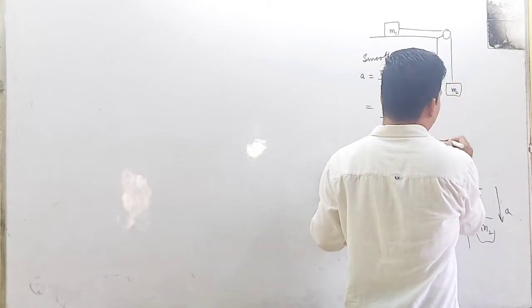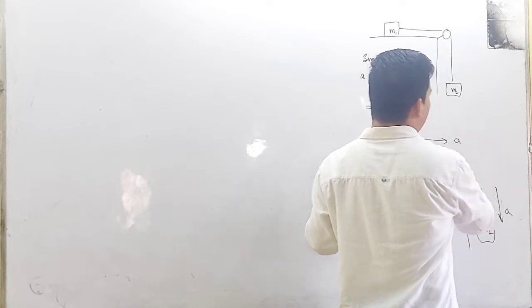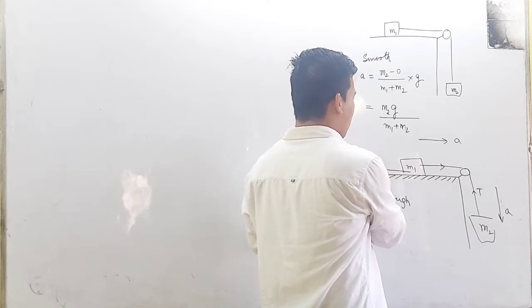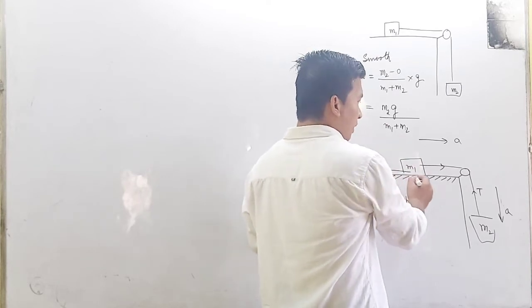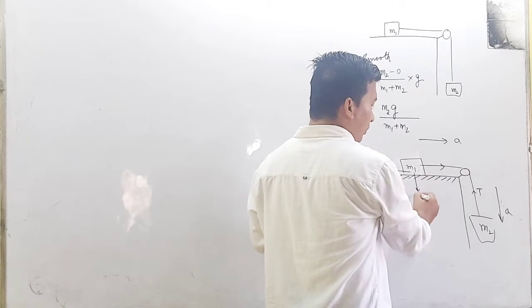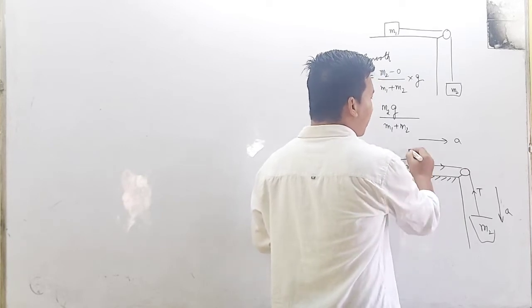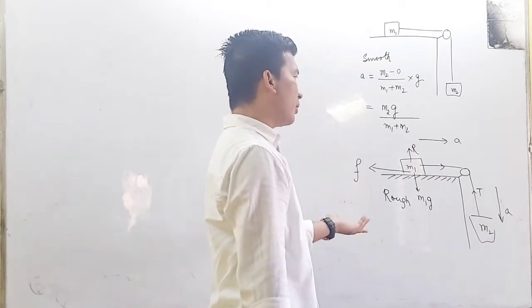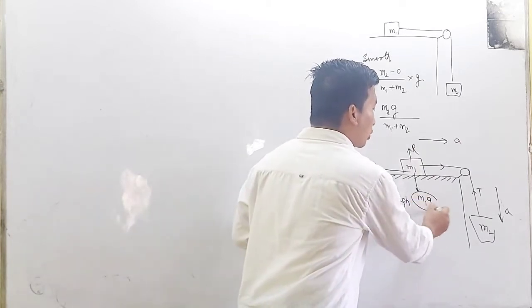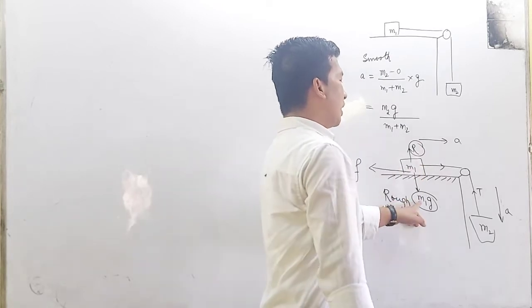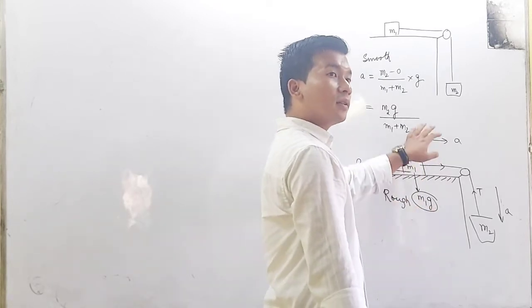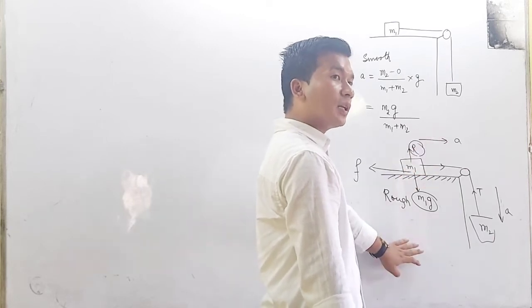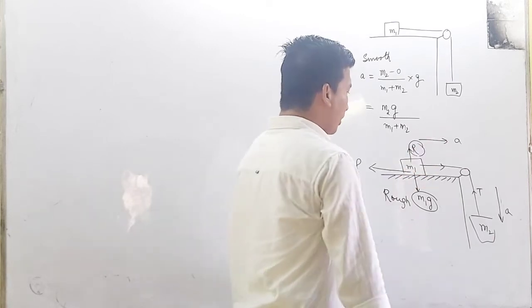And your m1 will be moving to the right. It will have a frictional force in this direction, F. To find the value of friction, we simply find m1g.